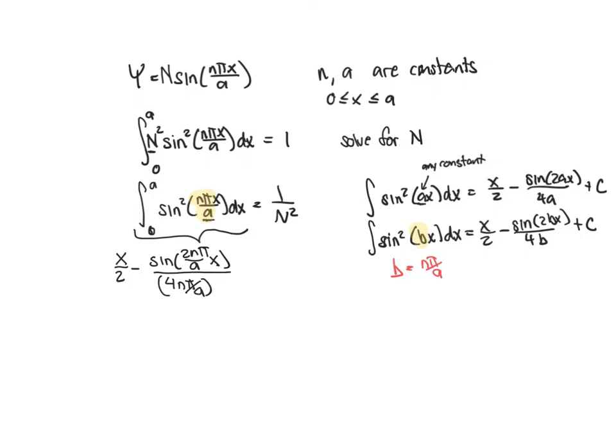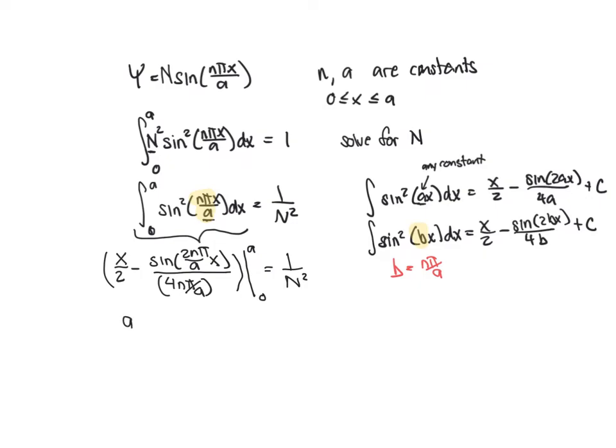I don't need the c because I'm going to evaluate this from 0 to a. So that has to be equal to 1 over my normalization constant squared.